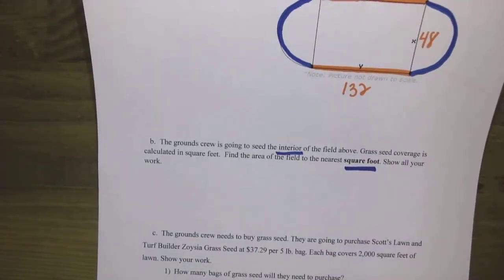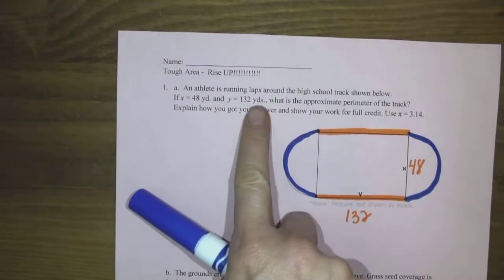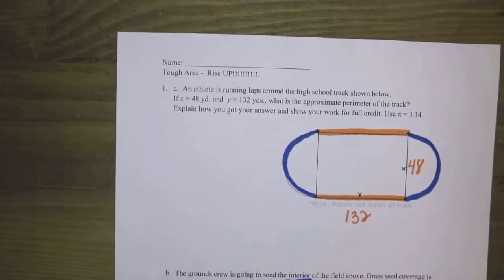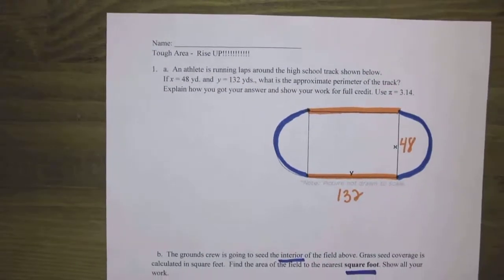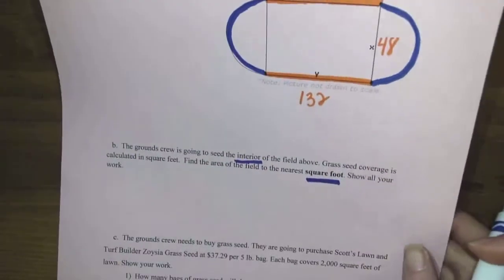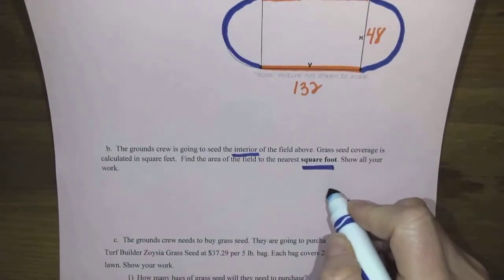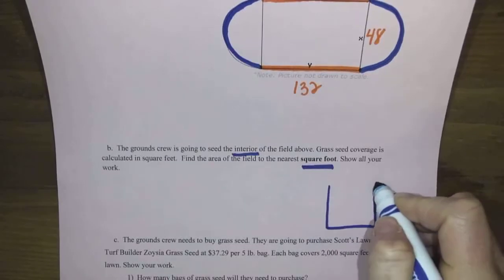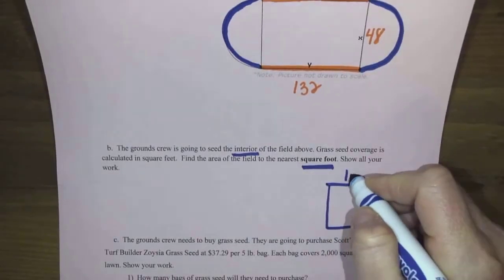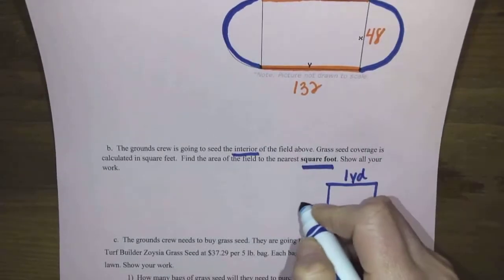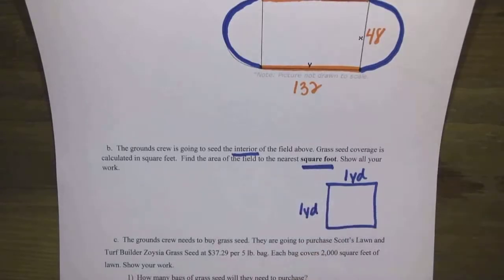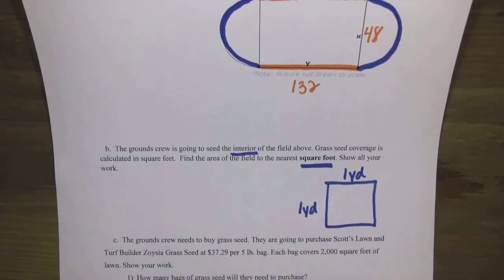Well, immediately we should see a problem because our dimensions at the top were given in yards. I'm trying to show you a little visual here. Make sure you're okay with this idea. Just so you know, if you had a square yard, that means 1 yard by 1 yard. How many square feet are in a square yard?